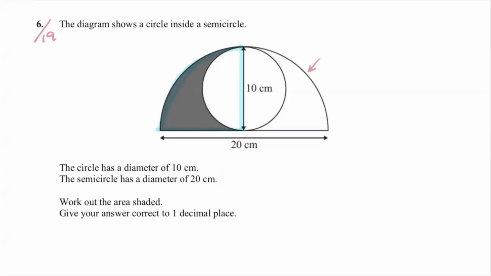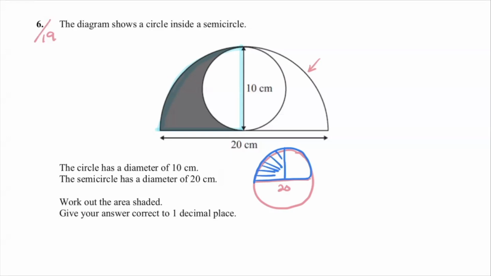So in the problem, I've got a quarter of a very large circle. So I've got a circle here with a diameter of 20. That's the original semicircle. And I only want a quarter of that circle. I want this section here.